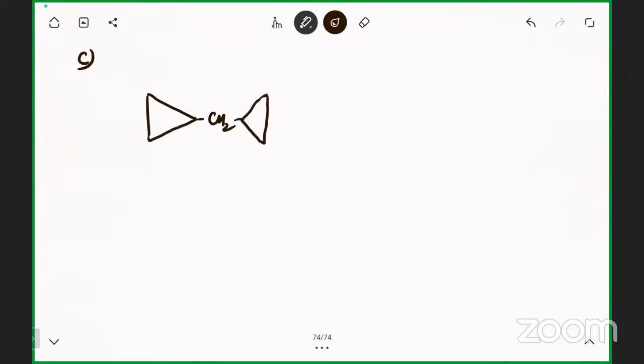So see how I'm writing the name. First tell me, how many carbons does this ring contain? 3 carbons. So I'll write cyclo, prop. Cyclopropane. But if it comes in the side chain, then what will you write? Cyclopropyl.